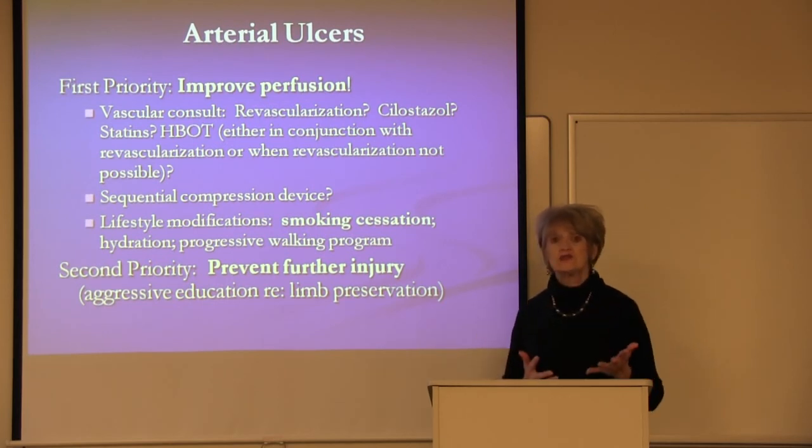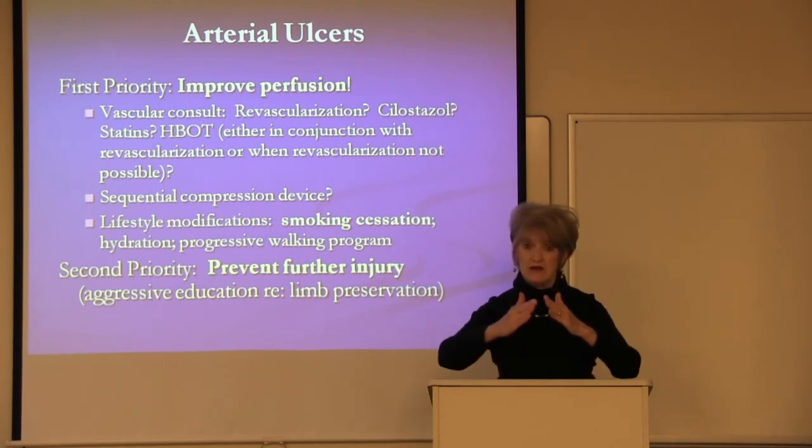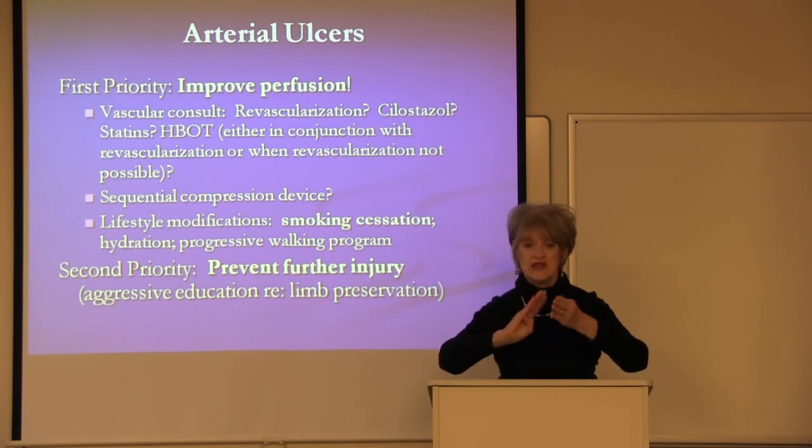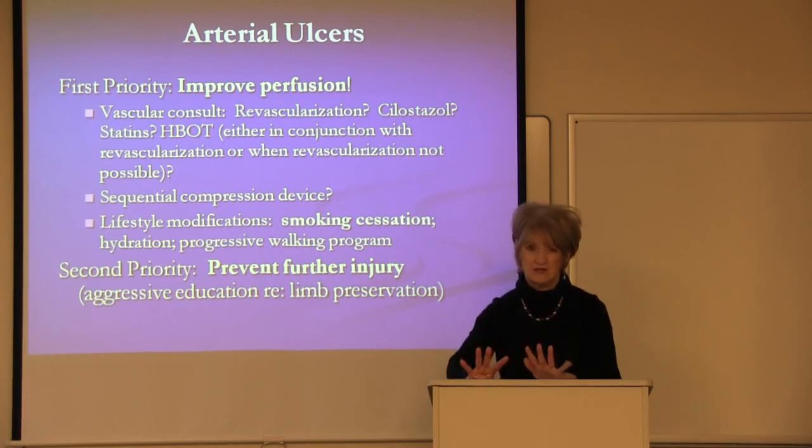A lot of vascular surgeons consider revascularization and hyperbaric oxygen therapy to be stepped treatment. In other words, revascularize first, improve blood flow as much as possible, but then use hyperbaric oxygen therapy so that any plasma that gets to the tissue is hyperoxygenated.